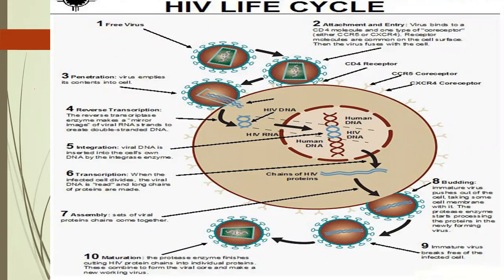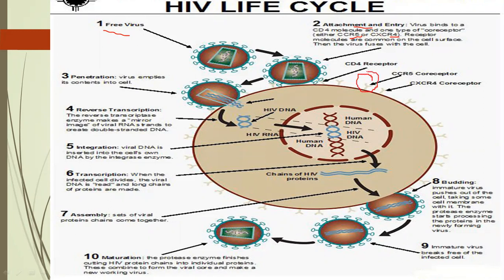Number one is the free virus, which is going to attach to the T cell. When it is attached, attachment and entry is done. So the virus binds to the CD4 cells, and one type of co-receptor, CCR5 and CXCR4, is present on these cells.